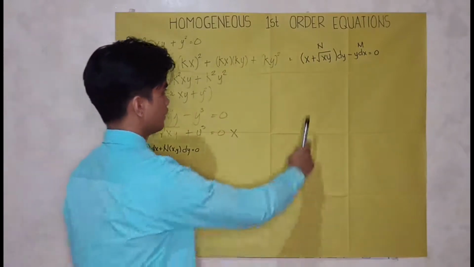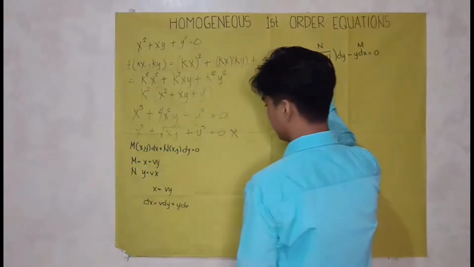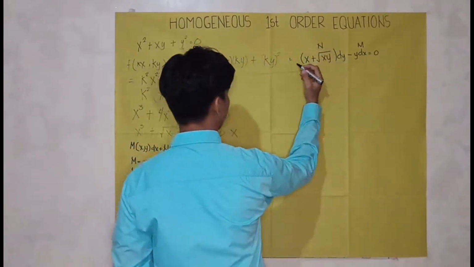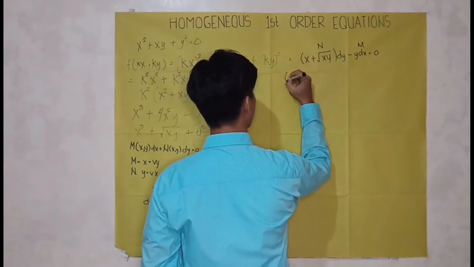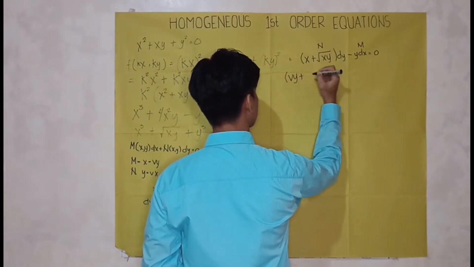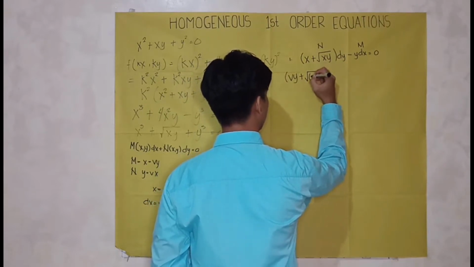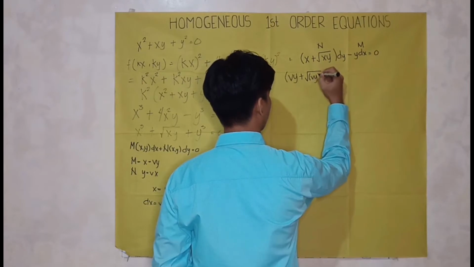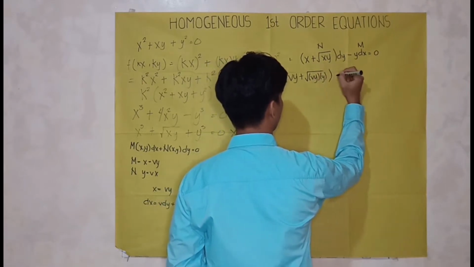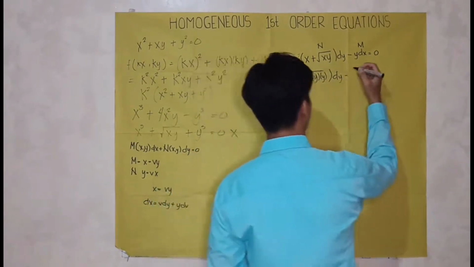So, i-substitute na natin to dito. So, meron na tayong, yung x natin is vy plus square root of, yung x is vy, then copy the y, dy minus y.